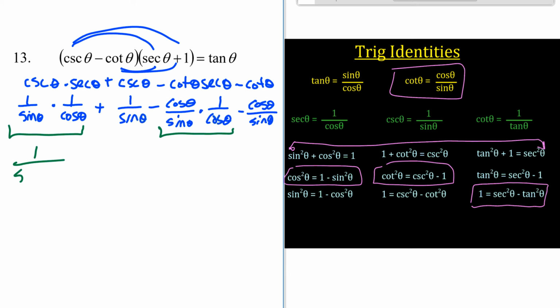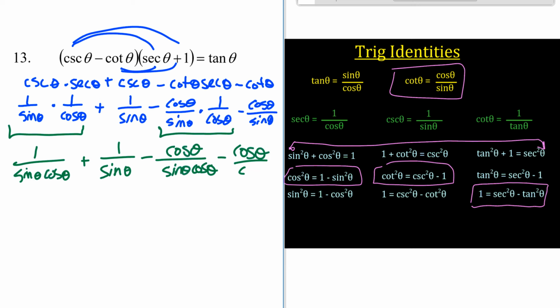This is 1 over sine theta cosine theta plus 1 over sine theta minus, on top we have cosine theta times 1, so that's going to be cosine theta over sine theta cosine theta, and then minus cosine theta over sine theta.